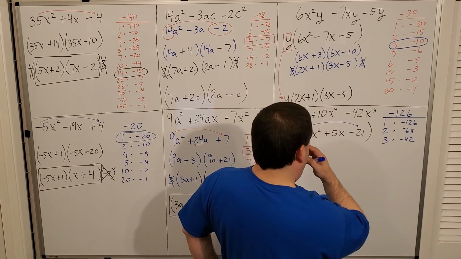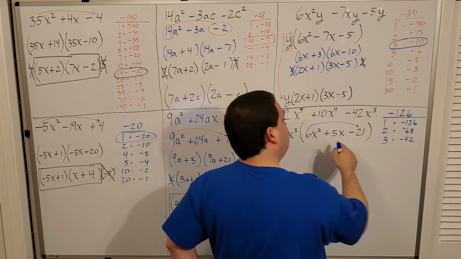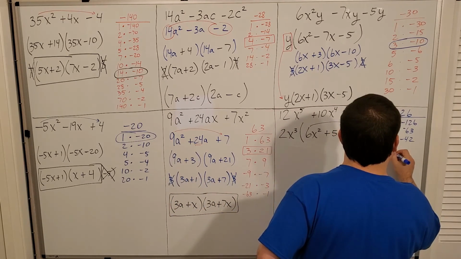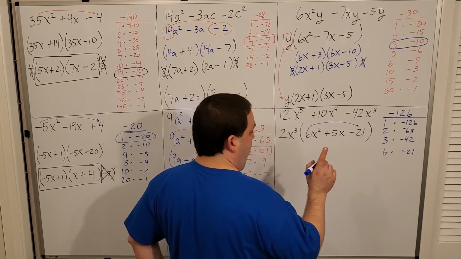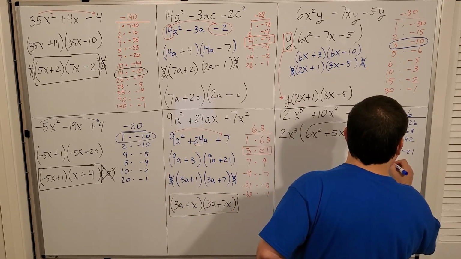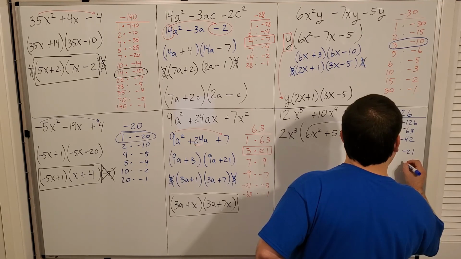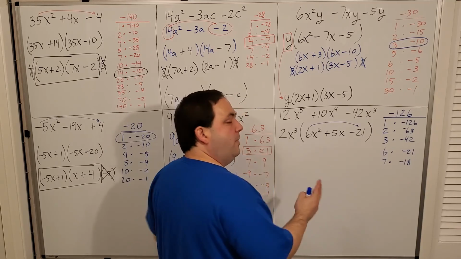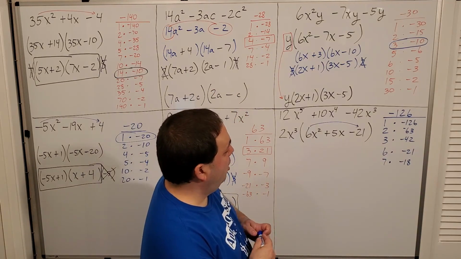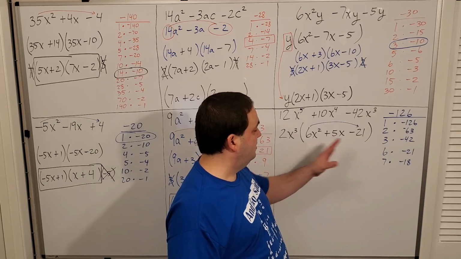4, no. 5, no. 6, we've used already, right? 6 times negative 21. 7, yes, because it's in the 21, will be negative 18. You may have noticed throughout some of these that I've said, oh yes, I know this number goes and this number goes because it's a part of.